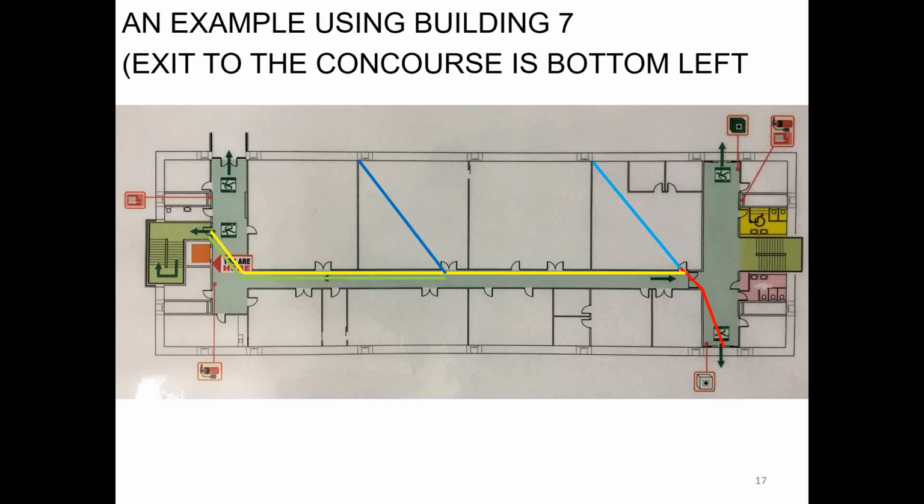If we look at the room with the blue line, that also is 14 meters from the corner of the room to the door, but then you can see the light green line there to the actual stair is 24 meters, which is over 20 meters, and clearly the alternative, which is to go out to the concourse, is going to be more than 20 meters as well. So that one actually doesn't conform for the reasons that I've just mentioned.